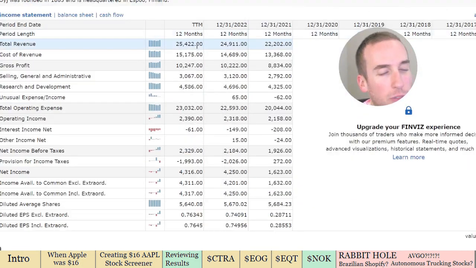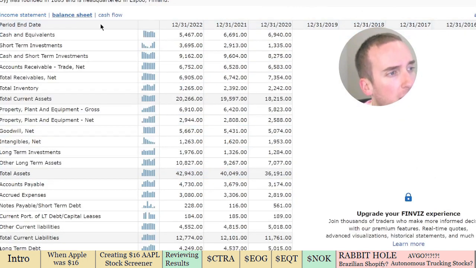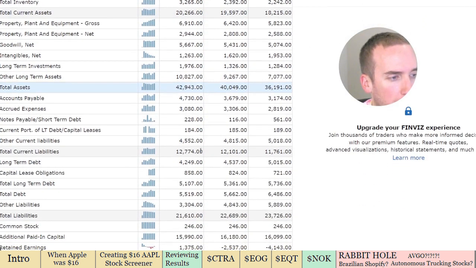Let's look here. Okay, total revenue is 25 bill. Wow, it's growing nicely. Net income is strengthening as well. Nice. Balance sheet total assets 42.9 bill, total liabilities 21.6 bill. So that's 2-to-1 ratio. So I like that a lot. No, wait, it's not. 21.6 is 43. Nope. It's a little bit less than 2-to-1 ratio.